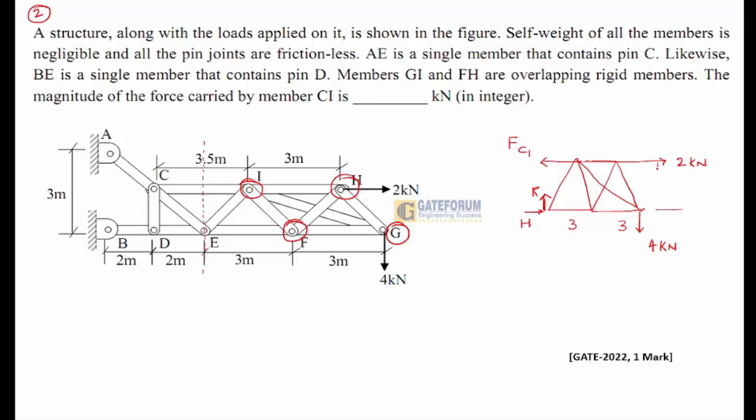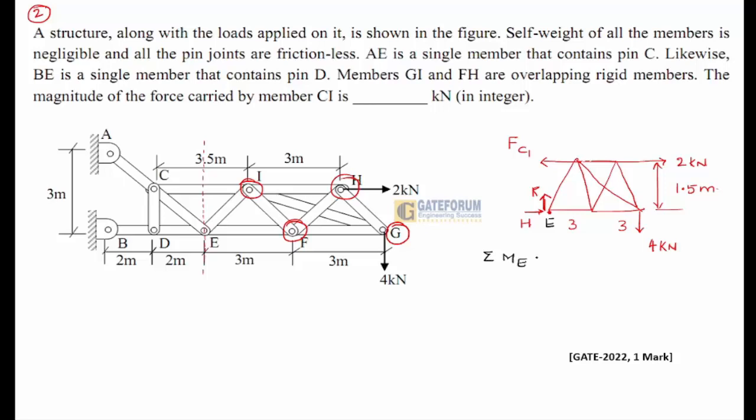The distance is 1.5 meter. This is the condition. The point here is E. If I cut the structure vertically through point E, this is the free body diagram I will write.